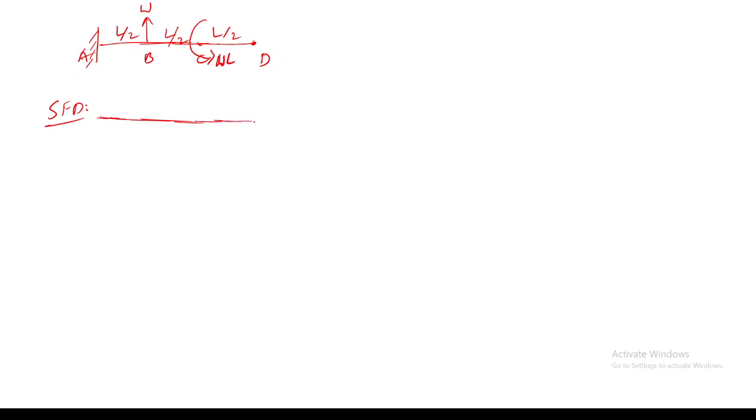It is a rectangle for the AB portion, and it is negative. For the BC and CD portions, it is 0. So from this you can draw the bending moment diagram.